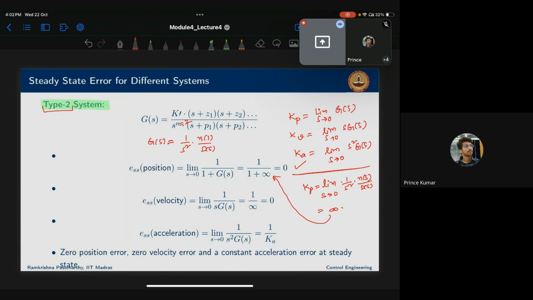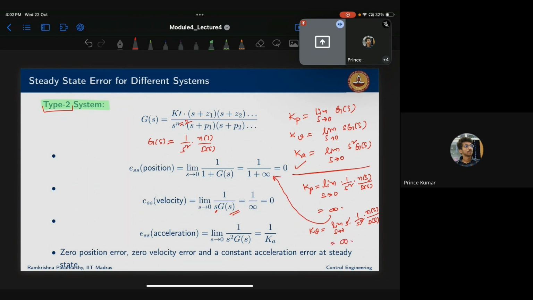Similarly, here also, Kv is what? Limit S tending to 0, 1 by S square, N of S by D of S. This S and this S get cancelled, so that will become infinity.